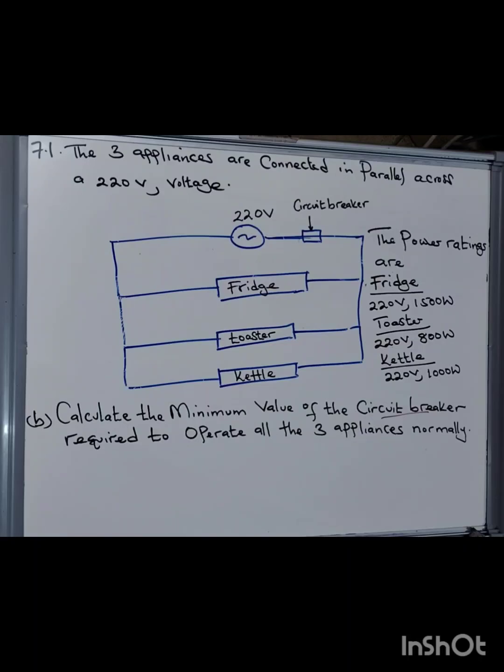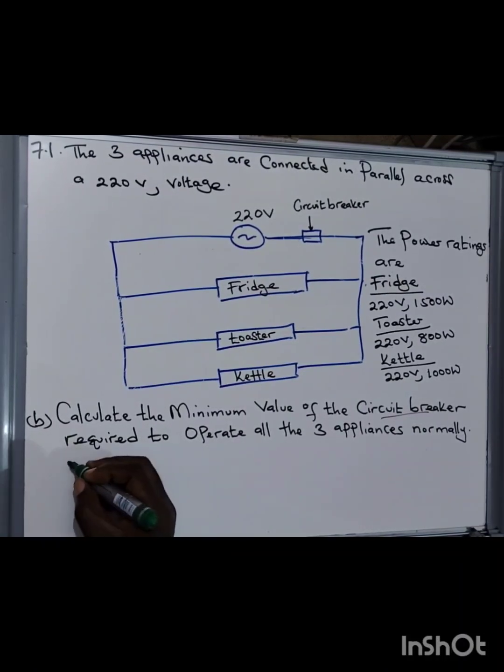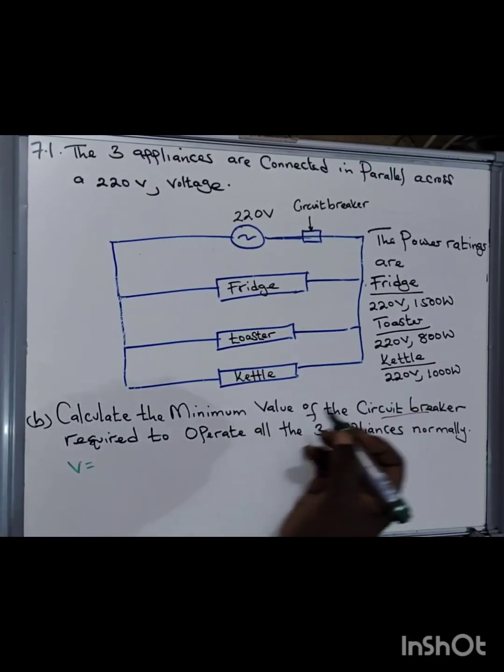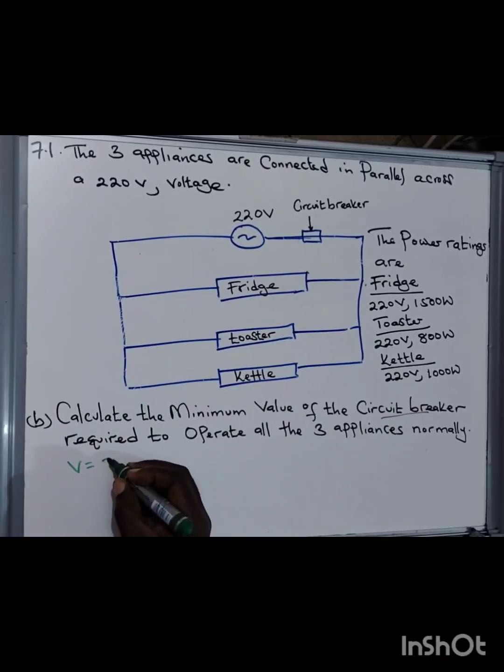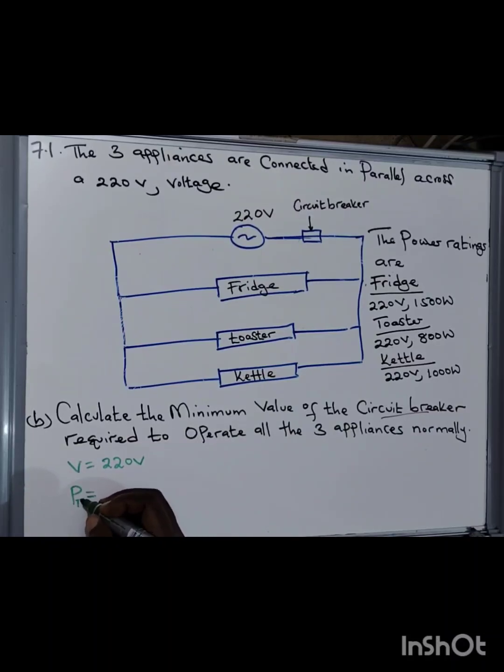So let us check what we have. We have V, which is 220 volts. We have power. Power is going to be total power, which is going to come from the three.